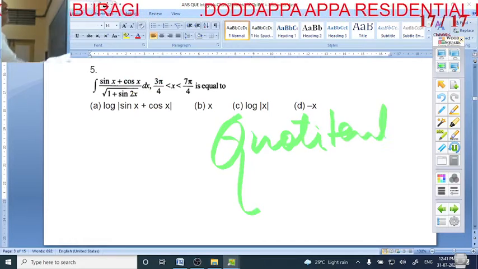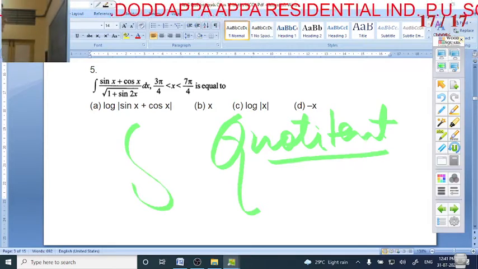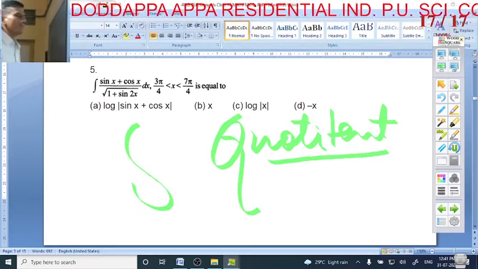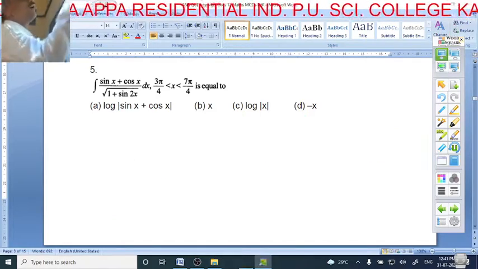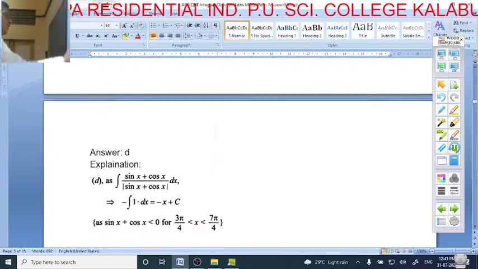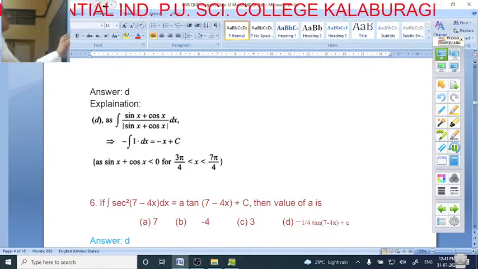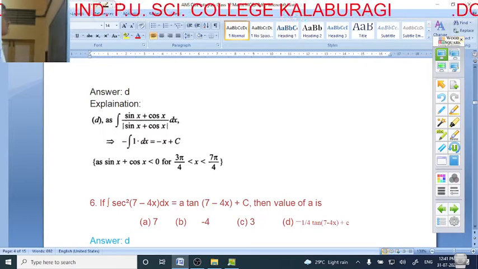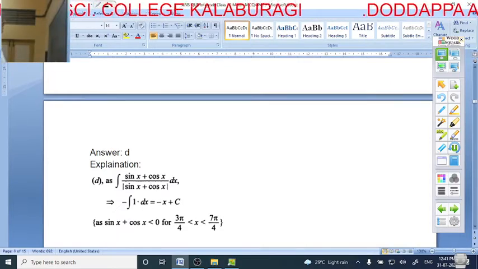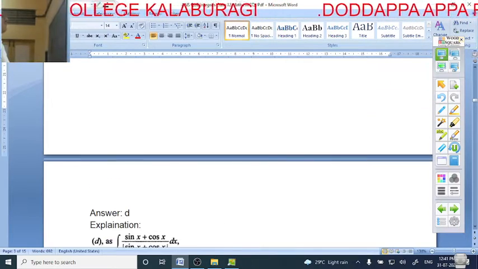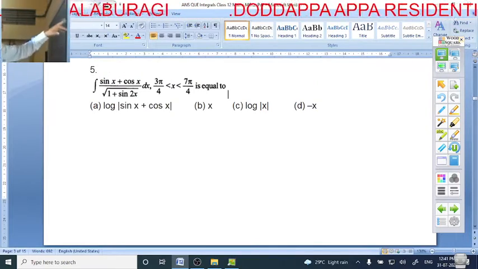This is very important. We want to integrate a quotient form, but there are no straightforward formulas. That's why we have to remodify it by any means, but it must be within the concept. So here, sin x plus cos x divided by the modulus of sin x plus cos x, I have written.